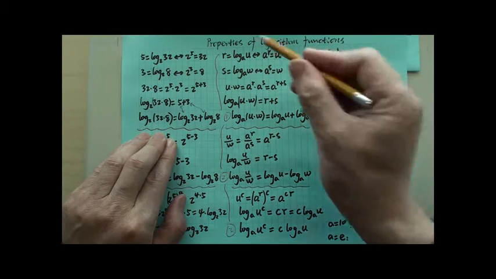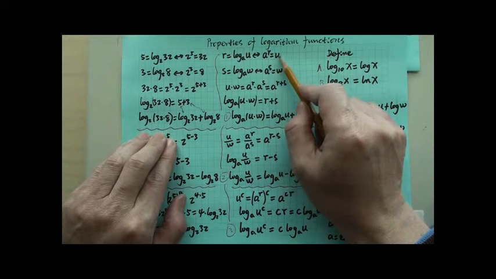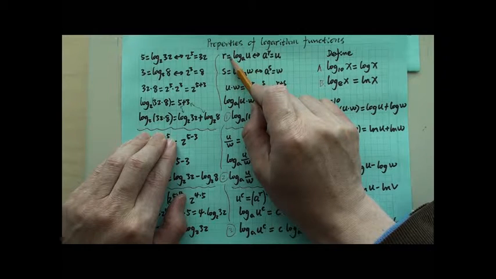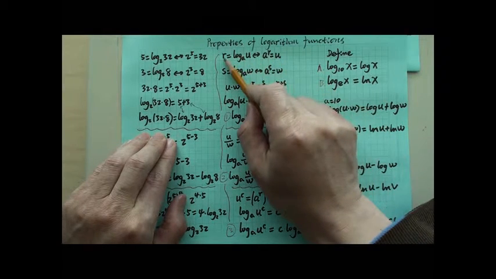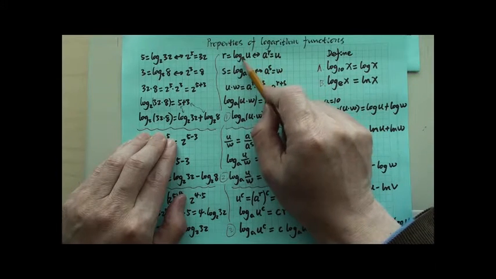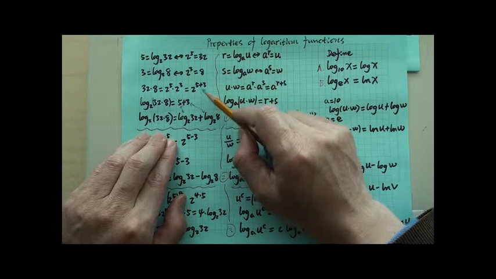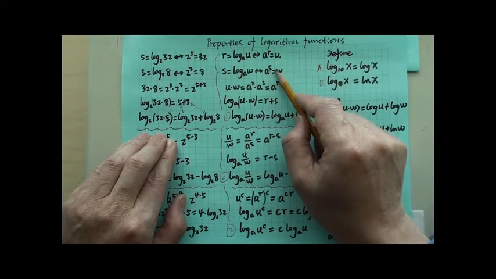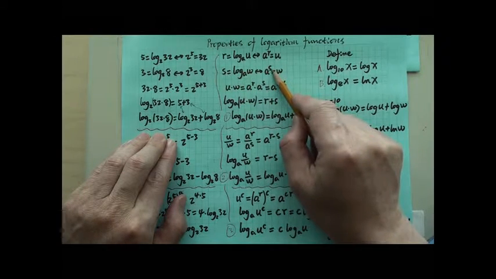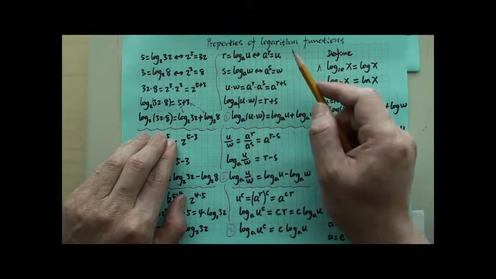Okay? Look at that. If a to the r is u, then r can be expressed as, because r is an exponent, like our 5 here. So then r is log base a to the u. Similarly, if a to the s is w, s, the exponent, can be expressed as log base a to the w.